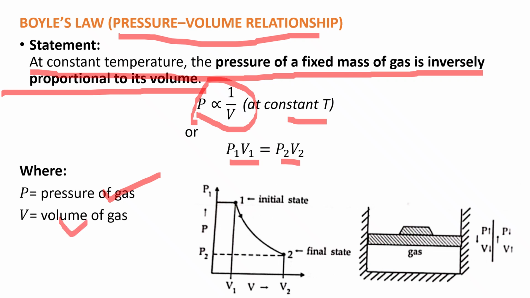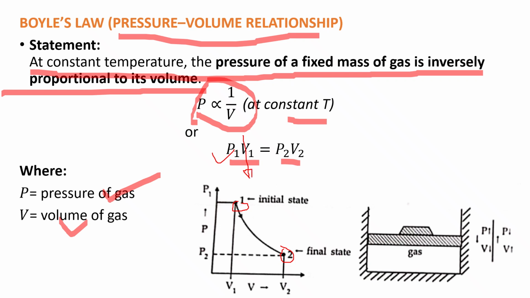This is a PV diagram. Initial state is 1 where the coordinates are P1 V1. Final state is 2 where the coordinates are P2 V2. What you will observe here is that at constant temperature, when the pressure is increased, volume will decrease.